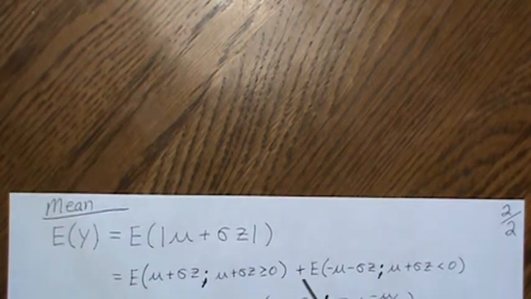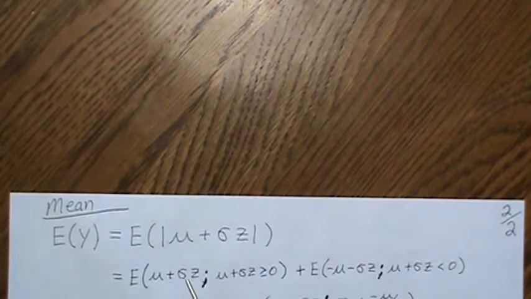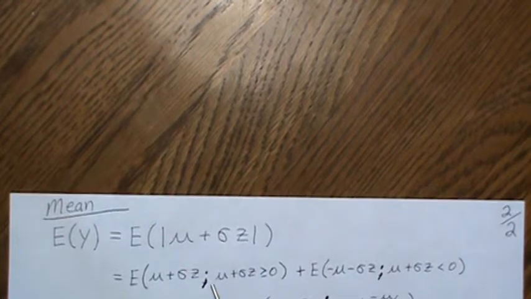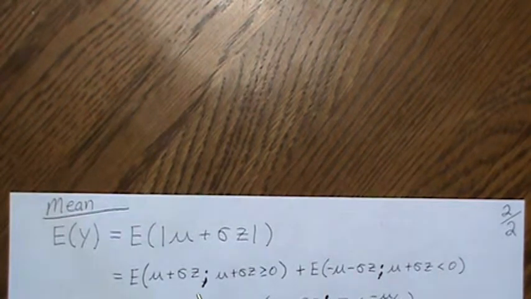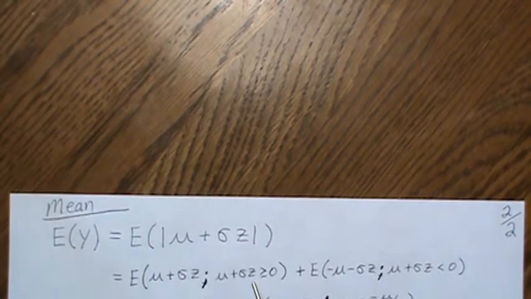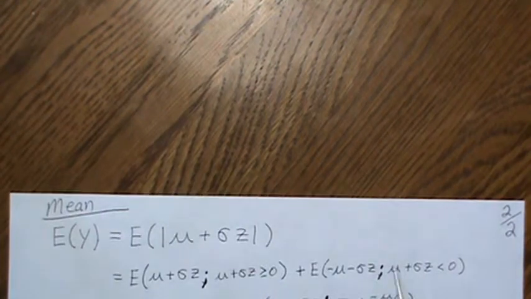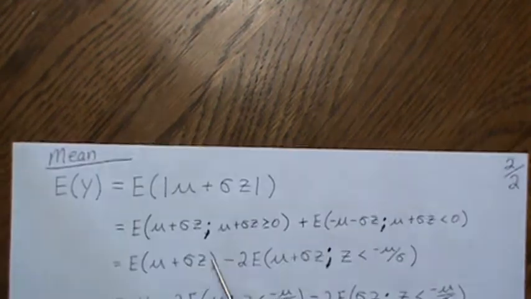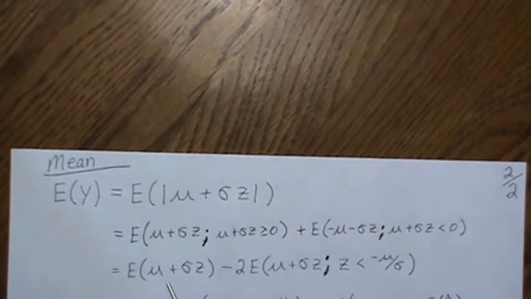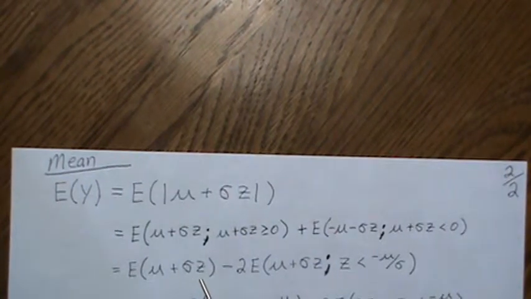Okay, but that's a minus. So now if we subtract that again from both sides, here we add a mu plus sigma z such that this is negative, and then we do it again, then this side just becomes the mean of mu plus sigma z.